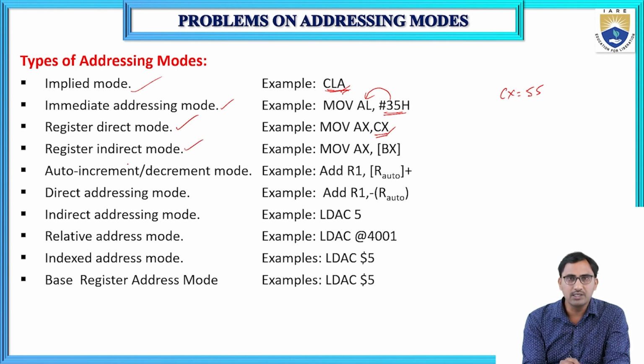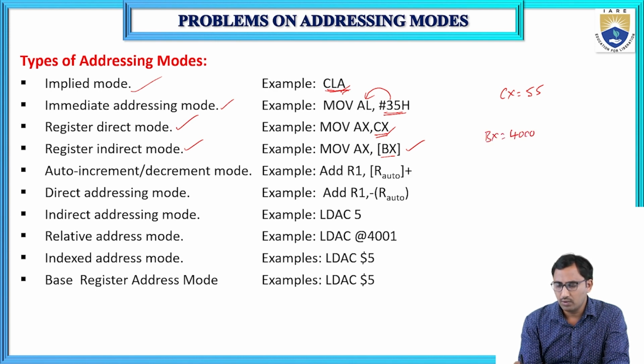Second one, register indirect addressing mode. We can specify MOV AX, [BX], where BX is written inside the square brackets. Let us assume BX is equal to 4000. That means 4000 is not the effective address of the operand.